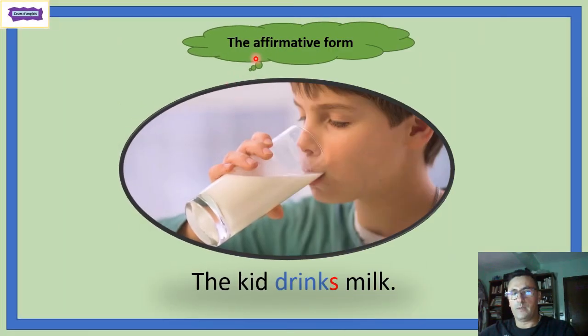Par exemple, the affirmative form, comme vous voyez ici, on a un enfant qui boit du lait. On dit tout simplement the kid drinks milk. On ajoute S. The kid drinks milk.